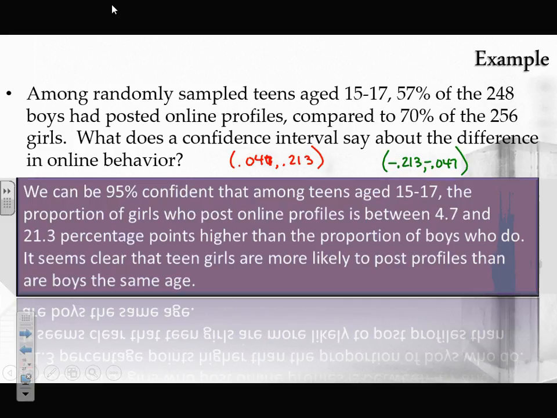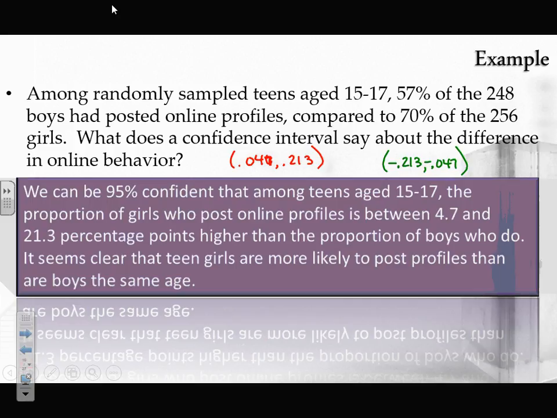So that's just something else you could put in to kind of clarify what that means. Okay? So when you look at your interval, if it's entirely positive, that means that the first proportion that you worked with, so whatever you did 1 minus 2, proportion 1 was larger than proportion 2. Or if it's all negative, that means the exact opposite.